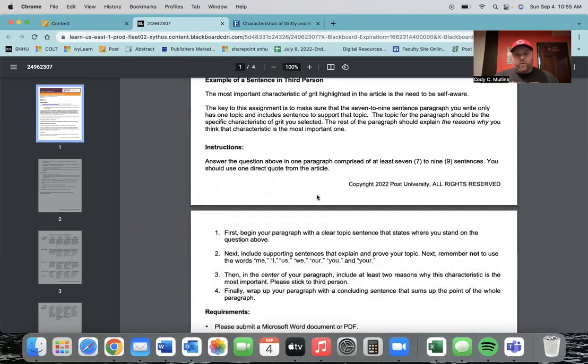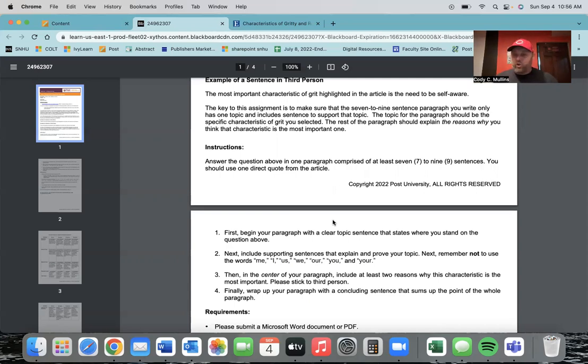As you go through, you're going to follow the directions on how to craft this paragraph as you're coming up with the topic. The topic should be your specific characteristic of grit. And then your goal is to demonstrate to us why you think that's the most important characteristic, right? You're looking to have 7 to 9 sentences in this paragraph.